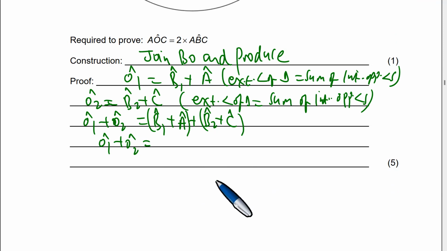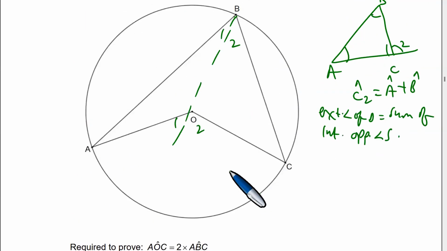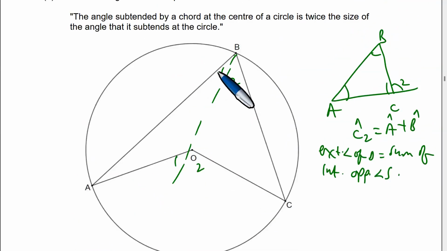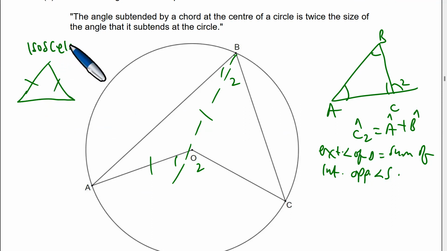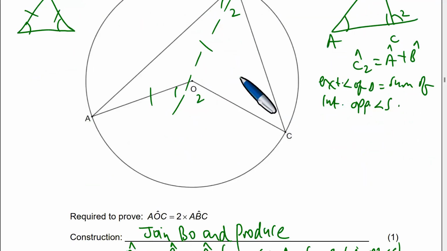But a couple of things you need to consider. Angle A is equal to B1 because this is a radius and that is a radius, so the base angles are the same. This is an isosceles triangle, so the angles here are the same as well. Which means A is equal to B1.